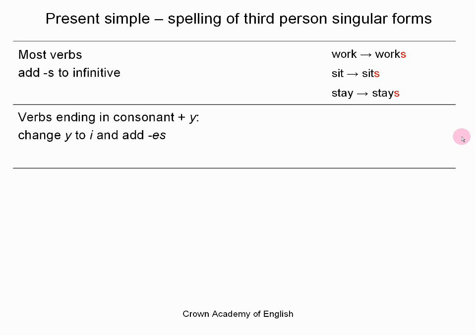If the infinitive of the verb ends in a consonant and then the letter Y, the rule is the following. We change the Y to an I, and then we add ES. So let's have a look at some examples. So, for example, the verb to cry becomes he cries.